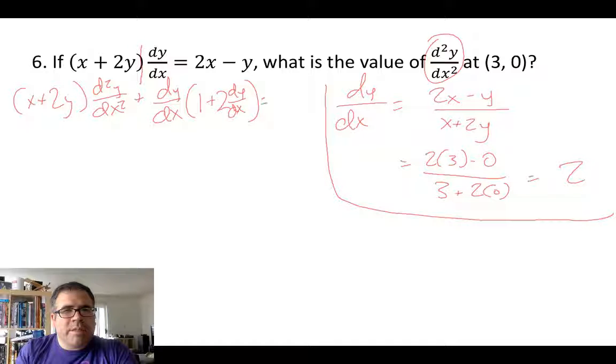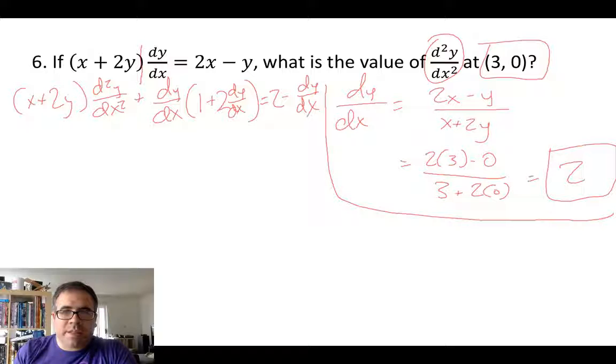That is equal to the derivative of the right side, which is 2 minus dy dx. Now we could spend a lot of time getting this in a nice pretty format with substitutions, but we have knowledge. We should use it. We know x is 3, y is 0, dy dx is 2.